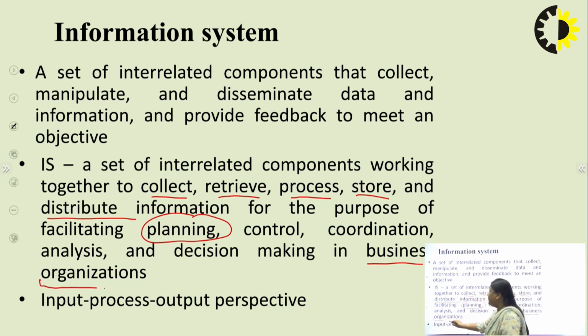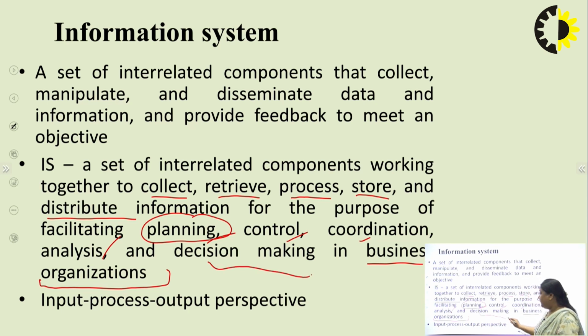Information system is nowadays used in, we can say, all organizations. How can it benefit them? Information system can be used in planning, control, coordination, analysis and decision making in a very easy manner.